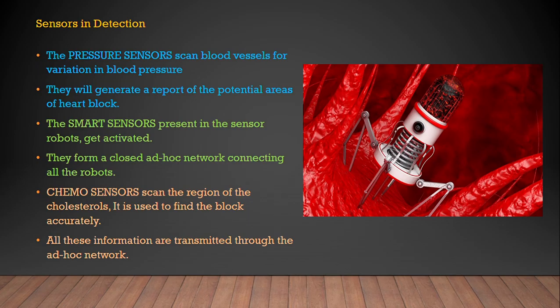Secondly, the smart sensors present in the sensor robots get activated and they form a closed ad hoc network connecting all the robots. Thirdly, chemosensors scan the region of the cholesterols. It's used to find the block accurately. All this information is transmitted through the ad hoc network.